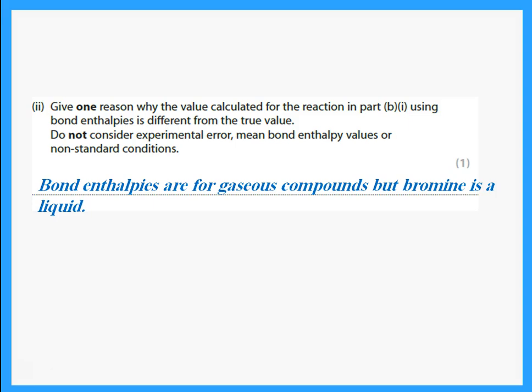If we have something that is not gaseous, then the bond enthalpies are actually not applicable to them. Do we understand that? Any bond enthalpy that we're using is actually for the compound in its gaseous state. Bromine is not a gas. So this bond enthalpy, when we apply it to bromine, that's not actually correct.